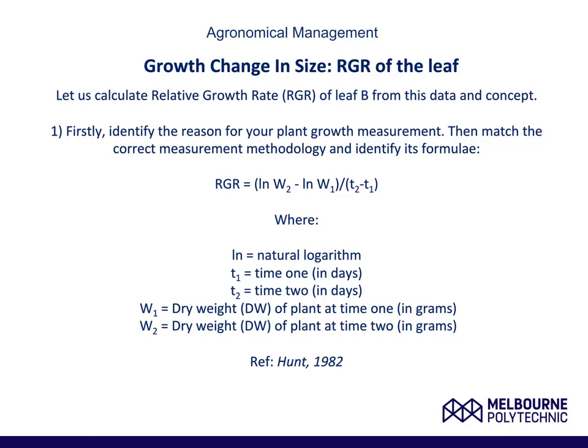We can calculate a relative increase accurately by applying the following mathematical formula. Relative growth rate equals the log of weight 2 minus the log of weight 1, divided by the time at the end of the duration minus the time at the beginning of the duration.